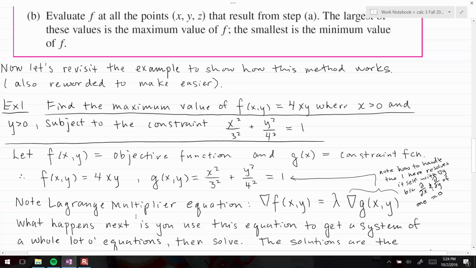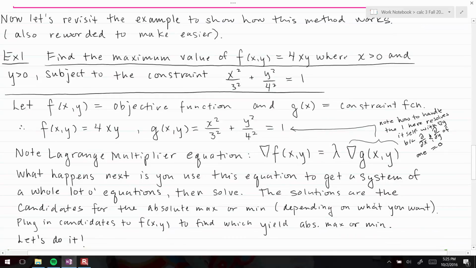In the context of the Lagrange multiplier equation, you don't have to worry about how to include the 1, because when you take the gradient, the partial derivatives with respect to x and y, the derivative of 1 is 0. So you can move on at this point.